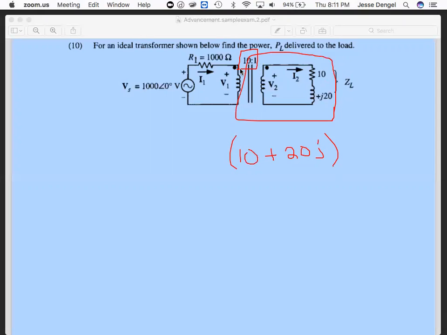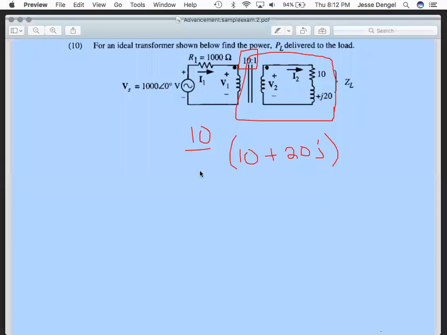It would be whatever is in the primary number over whatever's in the secondary number. So it's 10 over 1.